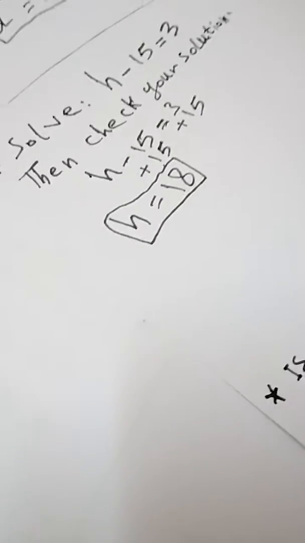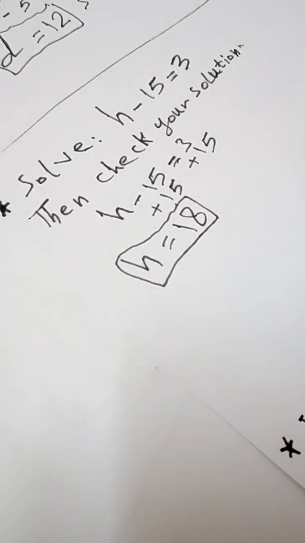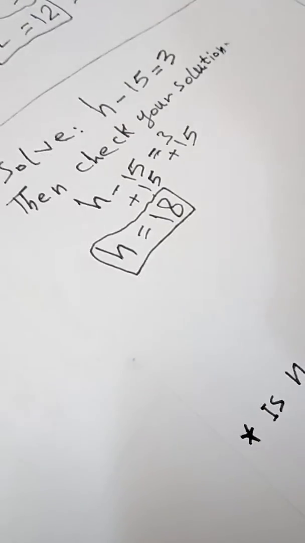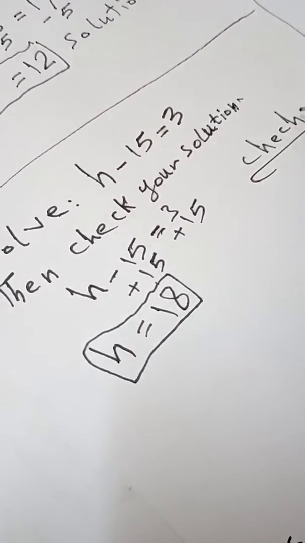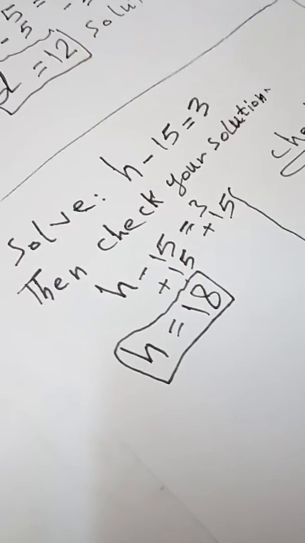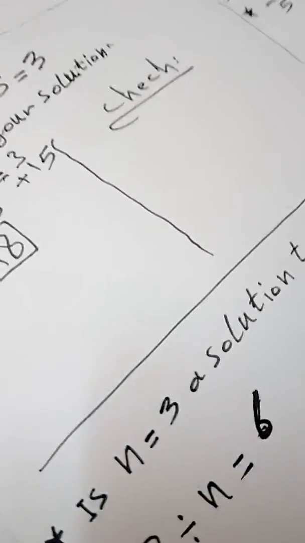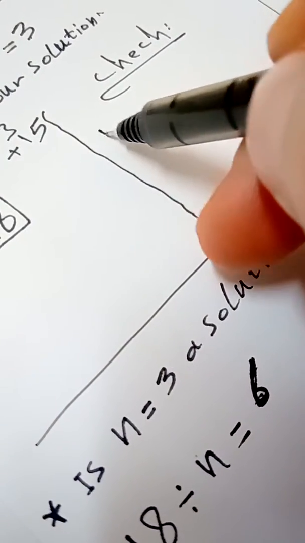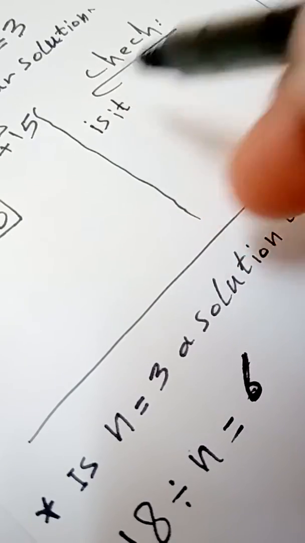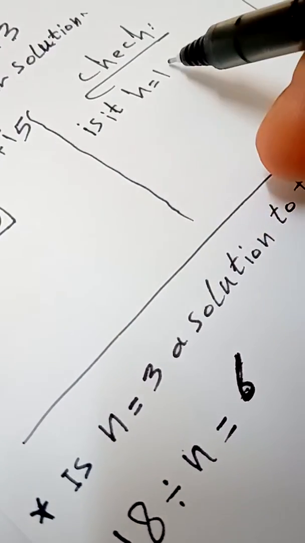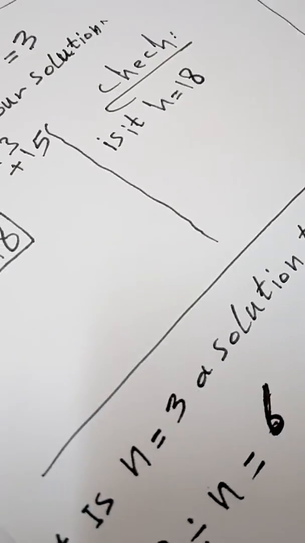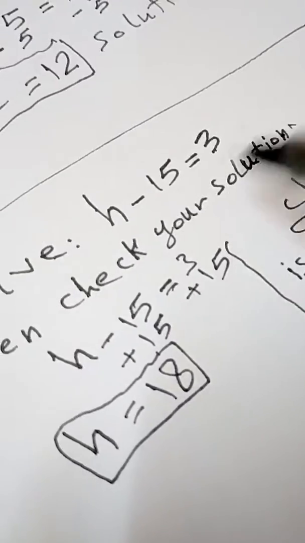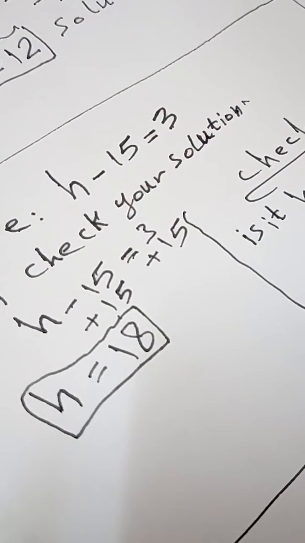How to check if my work is true or not? Is the solution h equals 18 making the equation correct or not?